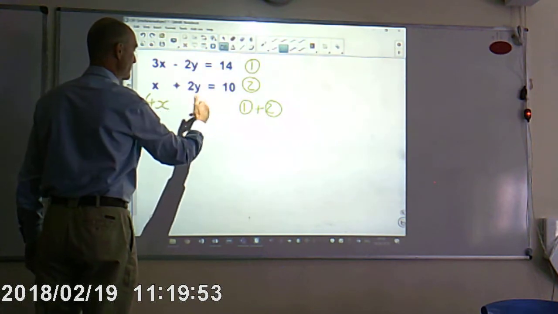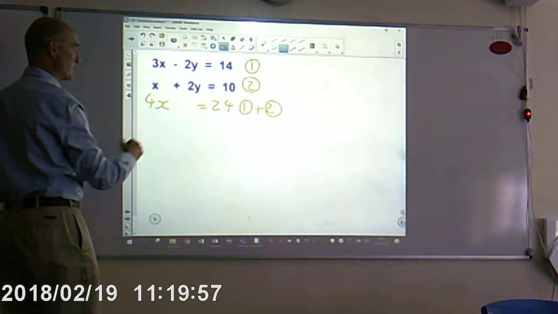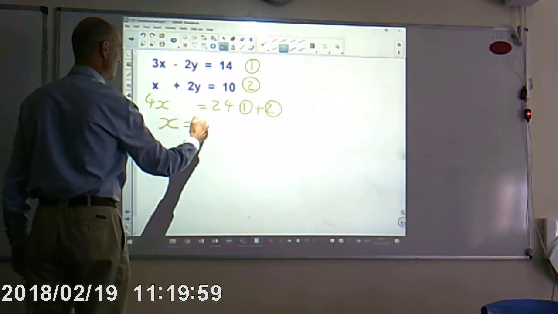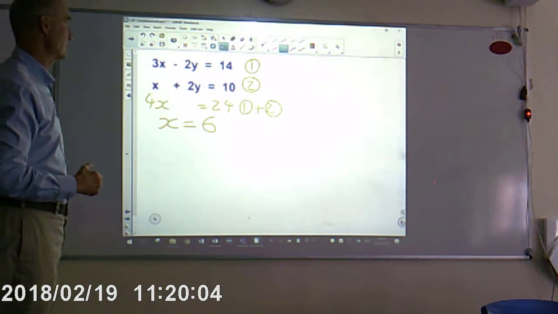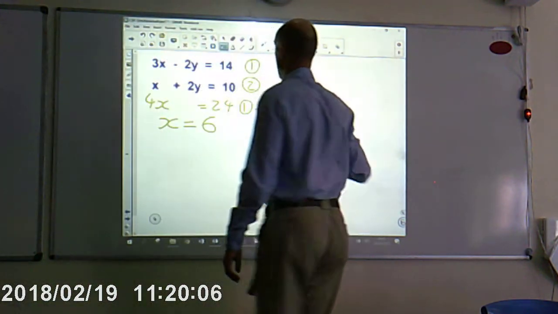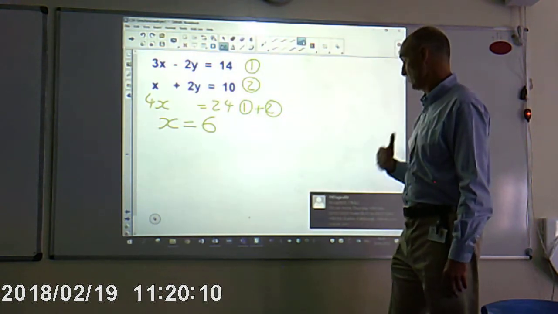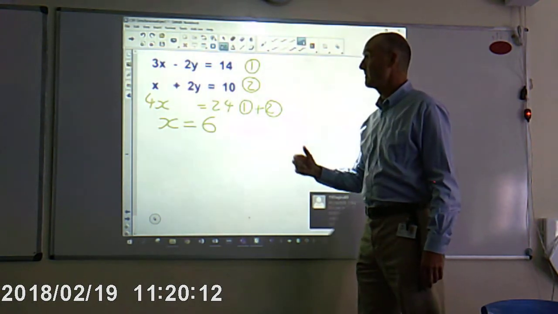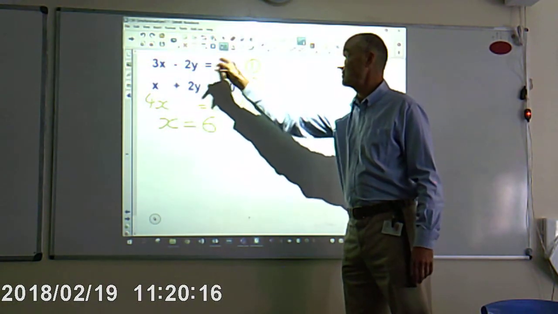14 plus 10 gives me 24. Divide both sides by 4, x equals 6. Okay, I've got a value for x. Let's go over, get my value for y. Now, we know how to do this now, we've got to do a bit of substitution. So, equation 2 is an easier equation to work with rather than 1.